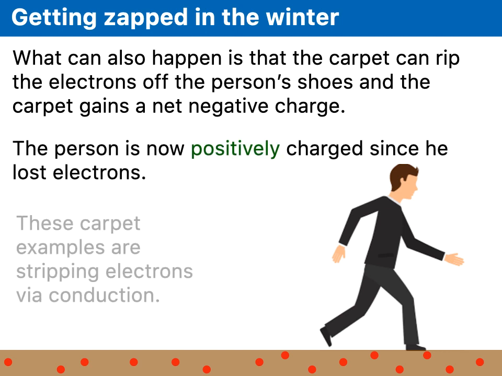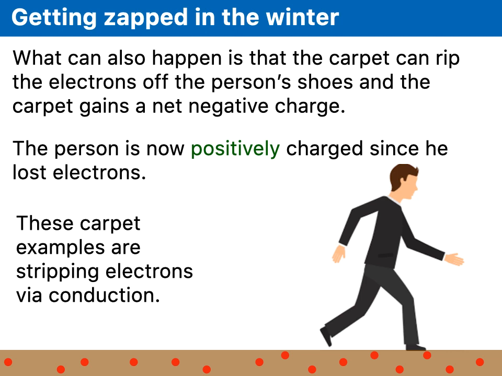It really depends on the material, like which way the electrons go, from the carpet to the person or the person to the carpet, whether the person has rubber soles or, I don't know, wooden soles, I guess. But when things are charged, it's really due to the flow of electrons.